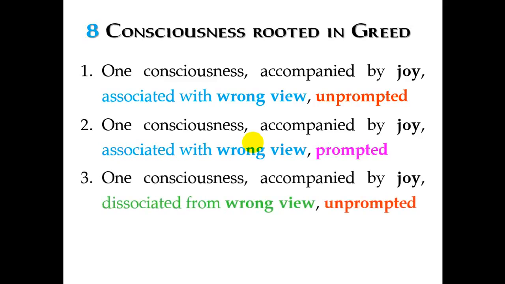Then how about that one? Accompanied by joy, dissociated from wrong view. Here, dissociated from wrong view, there's no wrong view. We are not associated with wrong view. But if we don't have a wrong view, conceit can come in, right? Conceit can come in.